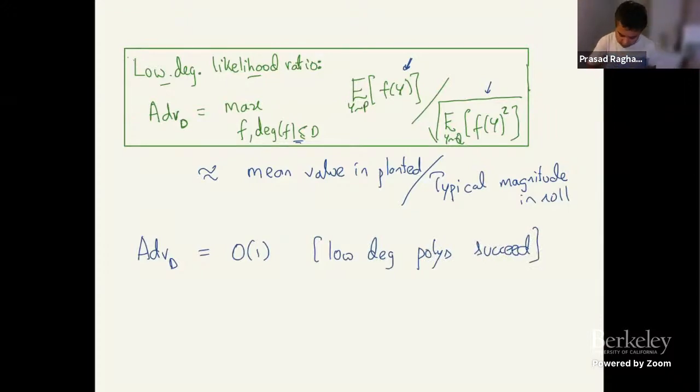I'm sorry, I want to say fail, but let me change this. If it's omega 1, if you find a function f such that its value in the planted is typically much higher, then you say low degree polynomials succeed and distinguish between the two cases. And if it's literally order 1, if the values are of the same order of magnitude, then low degree polynomials fail.